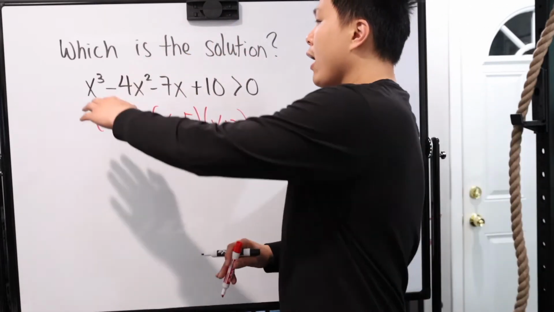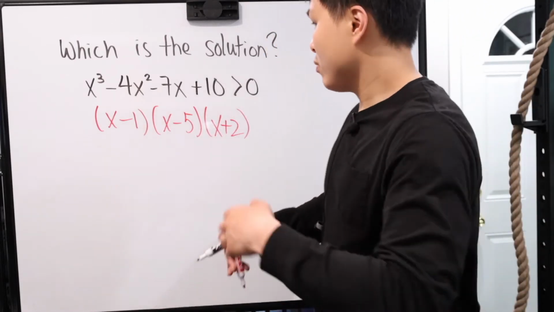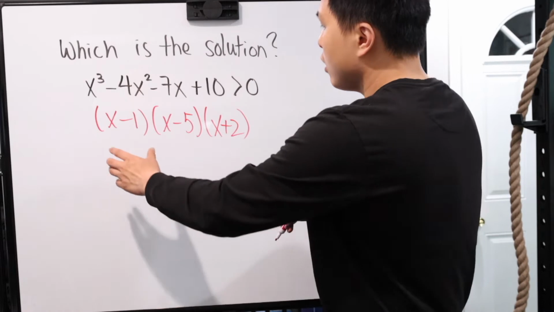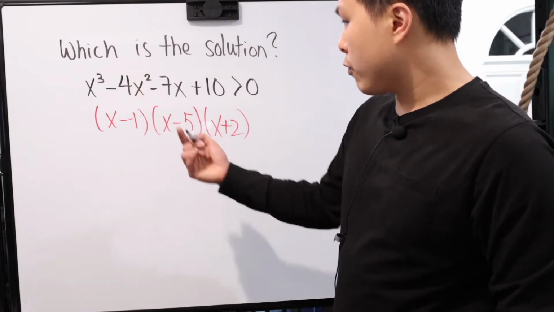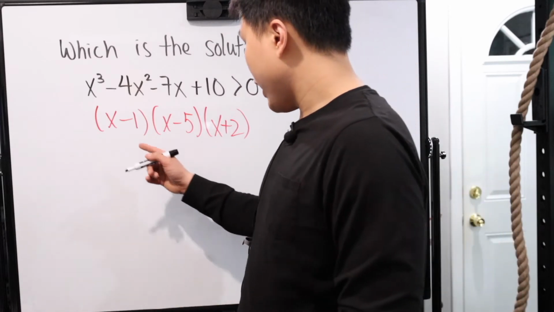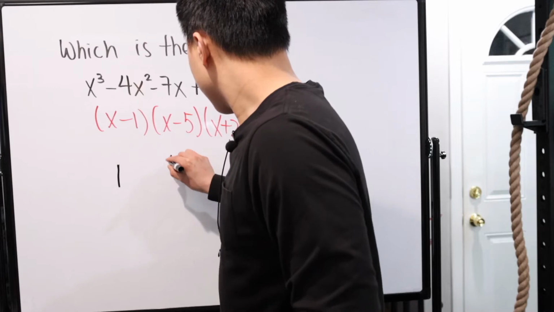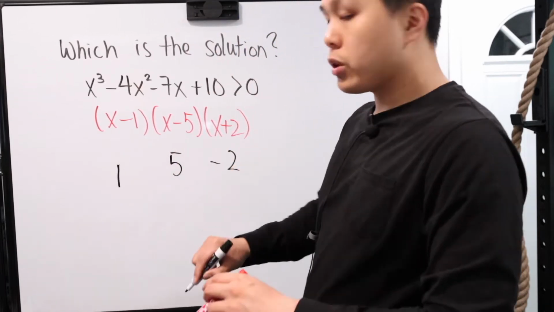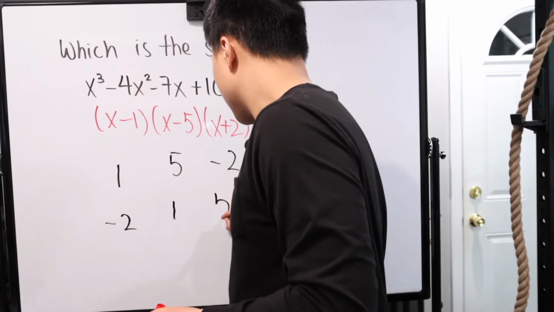So here it is. We have a more complex polynomial. I factored it all out because I don't think it's the focus of this problem right now. Here's the different factors. So what we do afterwards is, of course, we figure out what numbers we were working with. We have a 1 and we have a 5 right here, and we have a -2. And of course, it's best to just reorganize it so it's easy to see, right? Just least to greatest.